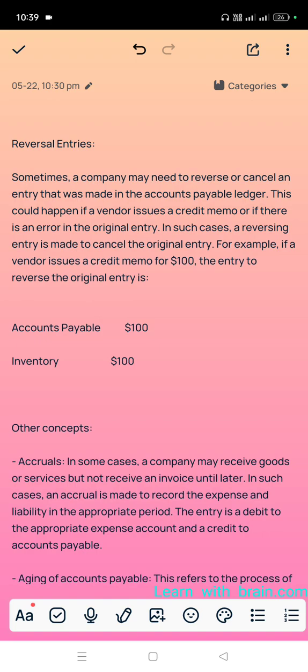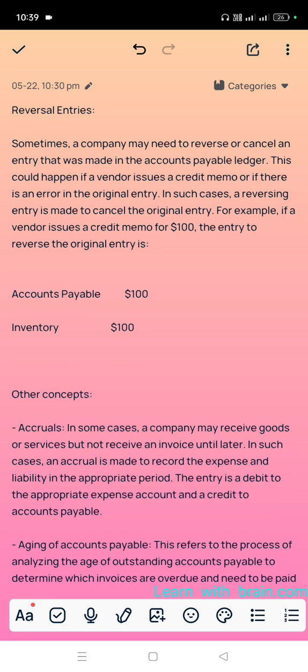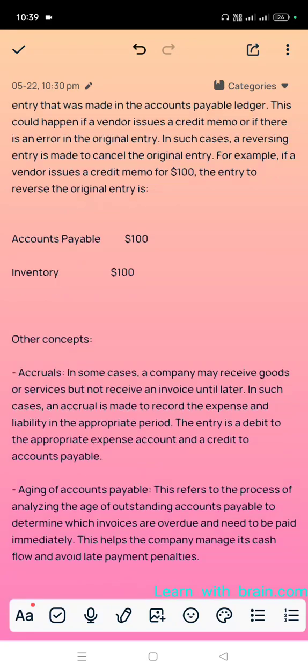That's why we make a reversal entry. At the time of purchase we made the entry as inventory account debited, accounts payable account credited. Now the liability reduces. So now the entry is accounts payable account debited, inventory account credited. That simply reverses the original entry. So these are reversal entries.